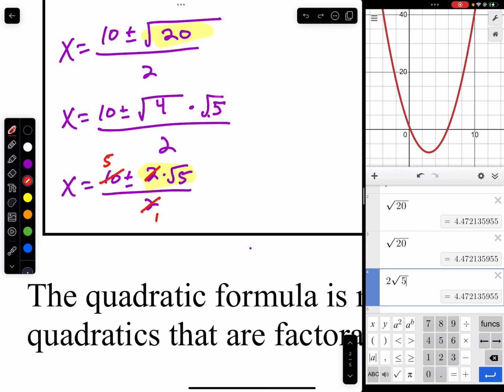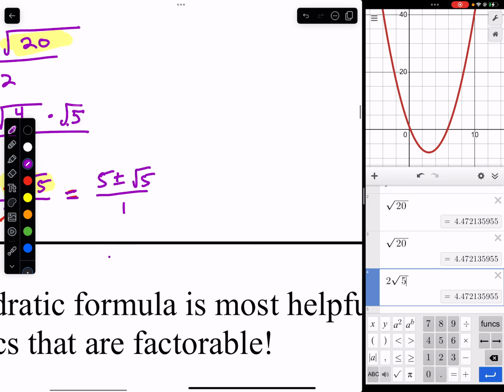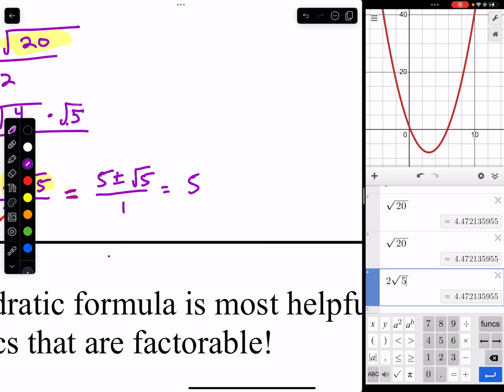So then the simplified version is, let me use my purple here, 5 plus or minus square root of 5 all over 1. Of course, I don't have to show divided by 1, so 5 plus or minus the square root of 5.